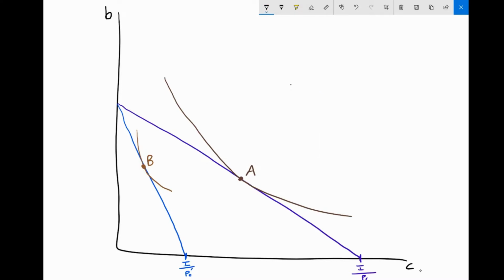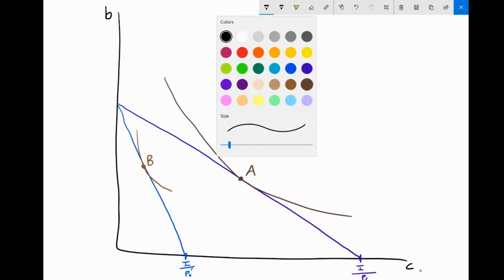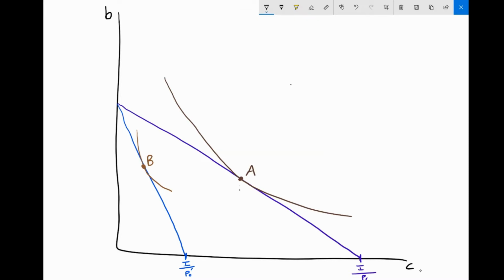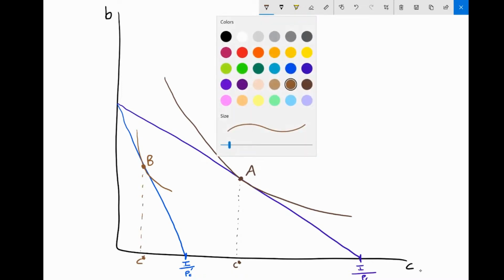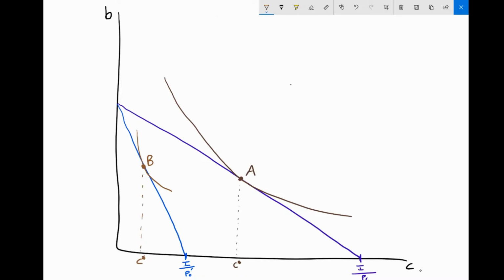Okay, so what I want to argue here is that there are two ways in which an increase in price affects demand. We said that at bundle A, they choose this dark brown C star, and at bundle B, they choose this light brown quantity of C star. So we can easily see here that an increase in price results in a decrease in demand.